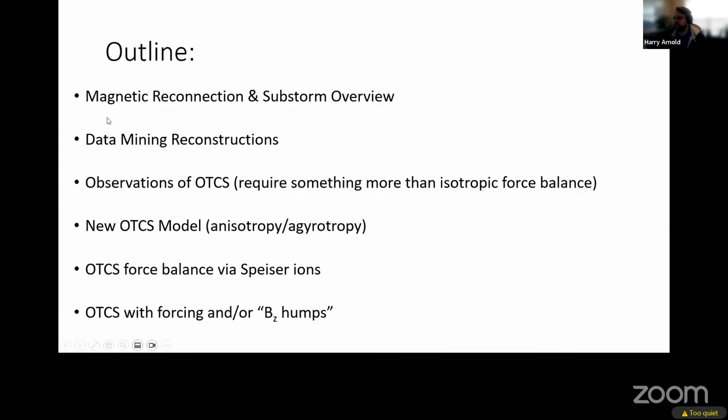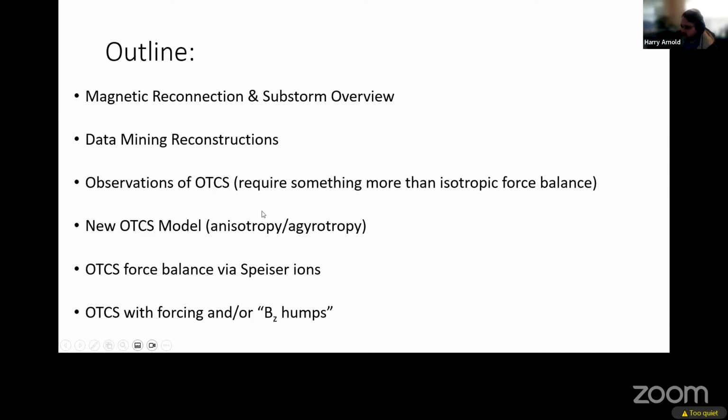So I'm going to talk about reconnection and substorms just as an overview, although I imagine most people here have a pretty good understanding of this. We'll just gloss over some details. Then I'll talk about some data mining reconstructions that really inspired this work, and talk about observations of these overstretched thin current sheets, and in particular how isotropic force balance is not sufficient to explain them.